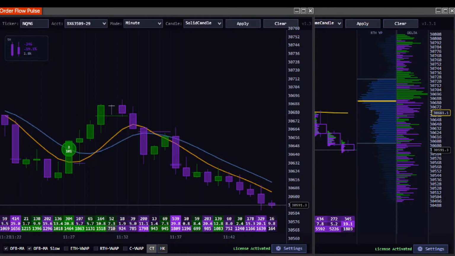What is this for? MGC. That's micro gold. Do I have one for? Okay, here we go. That is actually an ATR of 25.